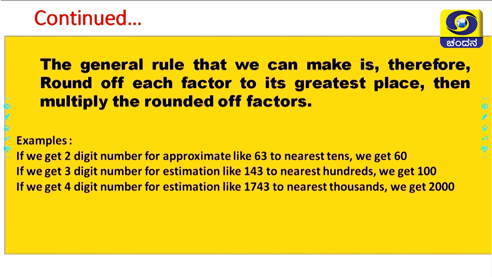If we get a 4-digit number for estimation like 1,743 to the nearest thousands, we get 2,000. So, we have understood how to use larger numbers in our practice and how to estimate, how to add, subtract and multiply estimated numbers. And you should keep this in your mind even after this session.